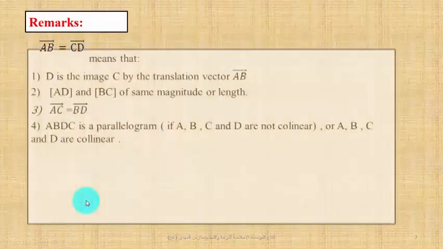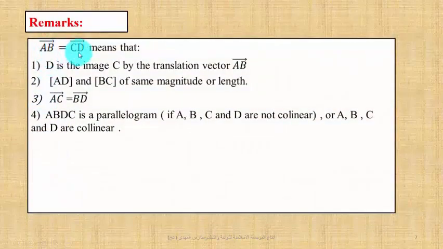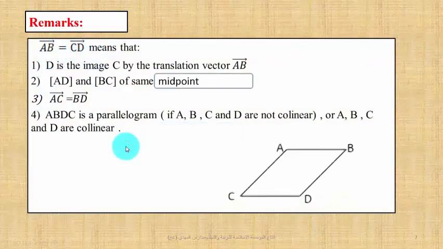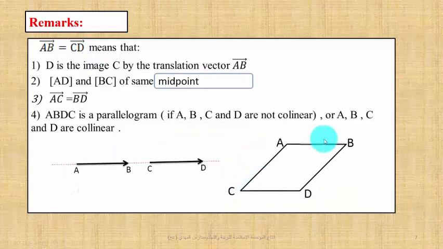Remark. Vector AB equal to vector CD means that, look my students to the figures here, D is the image of C by the translation vector AB. This is the vector AB. As A is translated to B, then C is translated to D. So D is the image of C by the translation of vector AB.